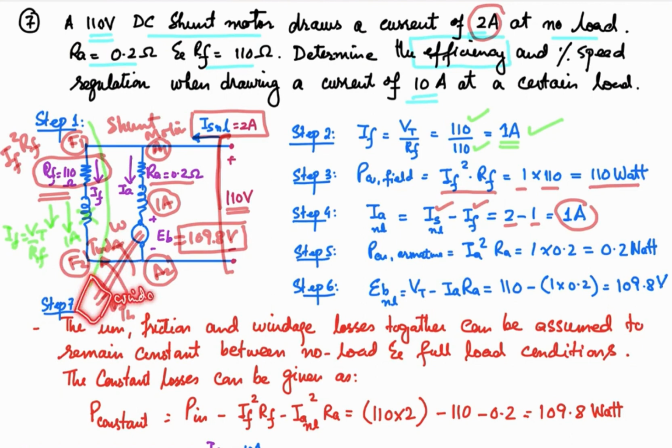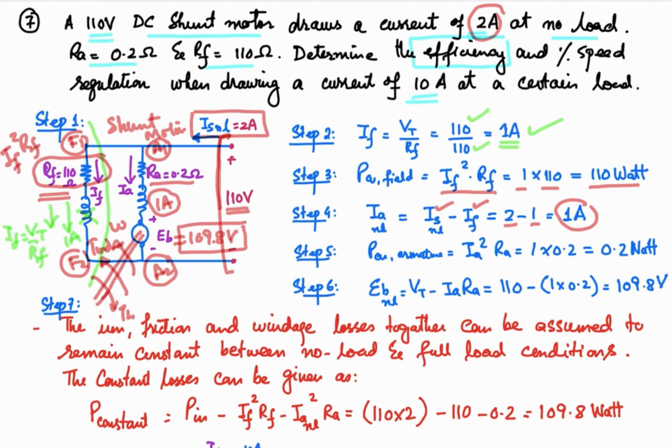Usually those are considered as fixed for a particular machine, right? So those are the mechanical losses, and the other losses which are going to take place in the machine are the core losses or the iron losses, which are basically representing the hysteresis loss or the eddy current loss in the core. And as there is no change in the frequency over here, those are going to remain constant.